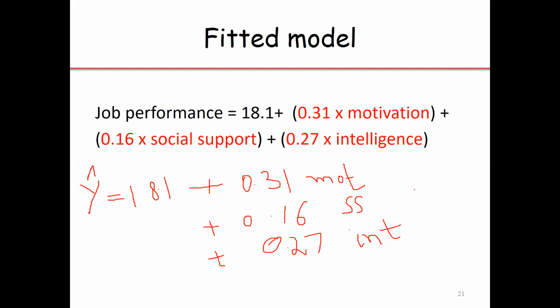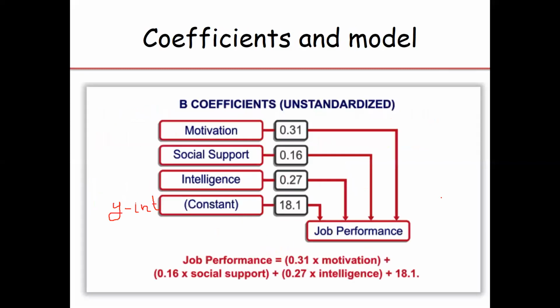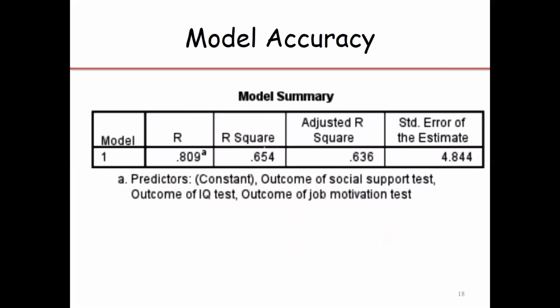One output remains, and that is the output of R square or adjusted R square. The value of adjusted R square is 0.636. The value of R square lies between 0 and 1. This is the model accuracy parameter.